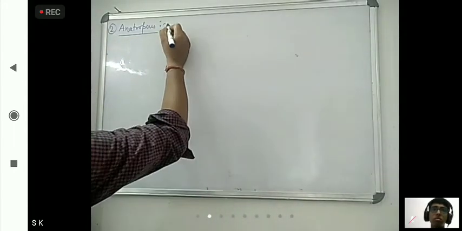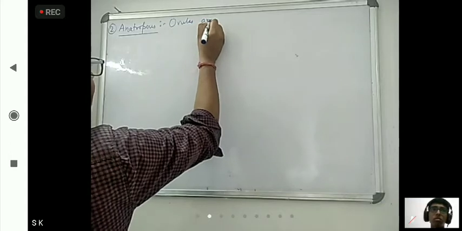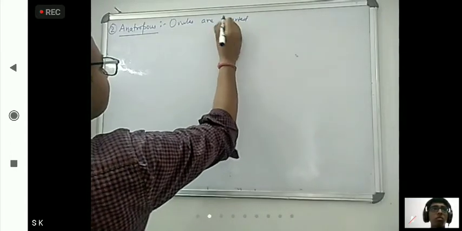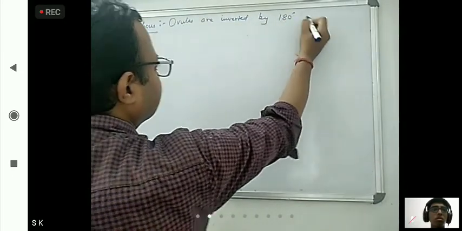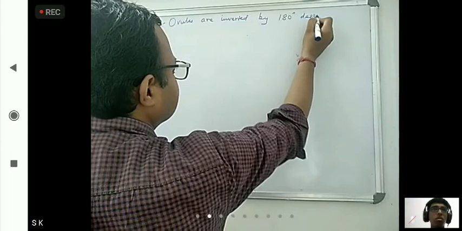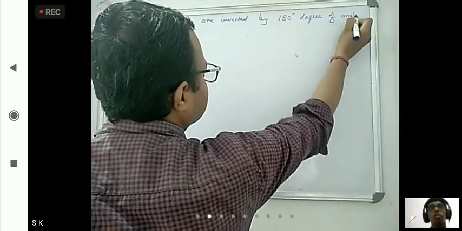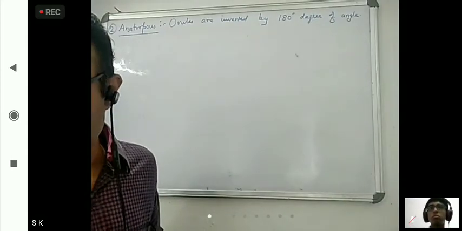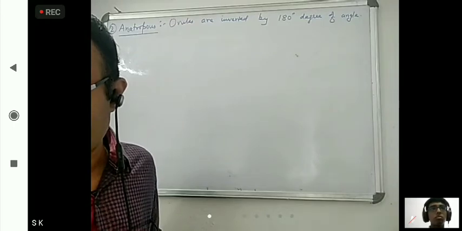So ovules are inverted by 180 degree of angle. Okay, here what happens? 180 degree of angle ovules. Now, anatropous is what?